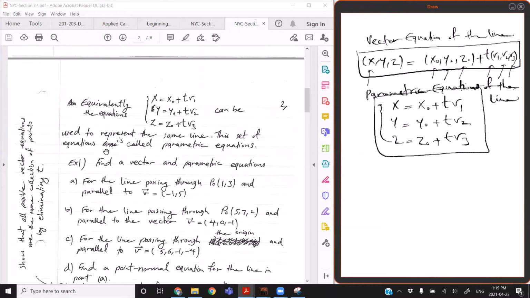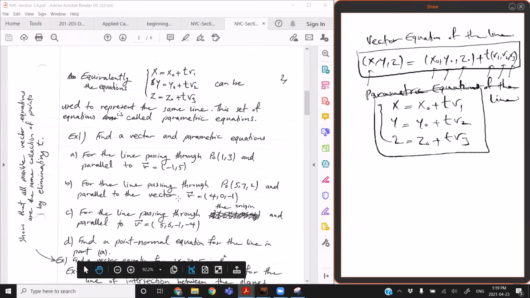This set of equations is called parametric equations. So if I say, give me the vector equation of the line, I mean this one. If I say, give me the parametric equations of the line, I mean this representation. Any questions? Okay, now let's look at some examples.